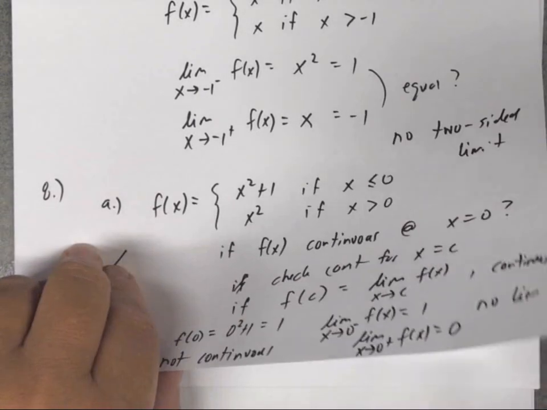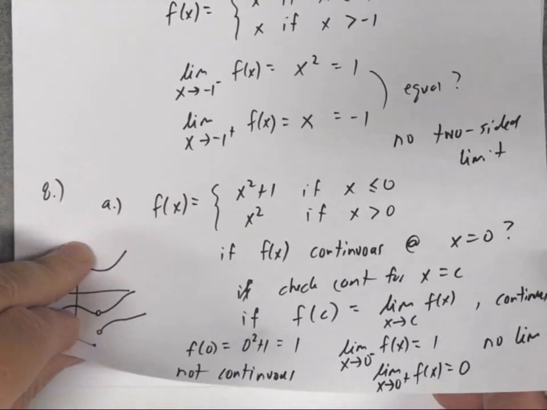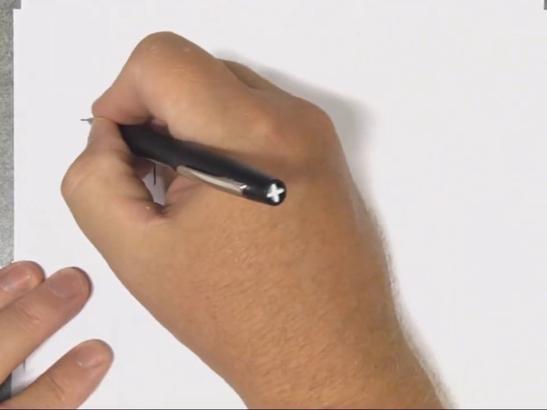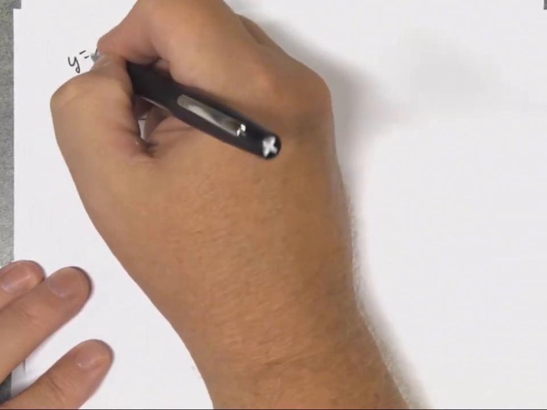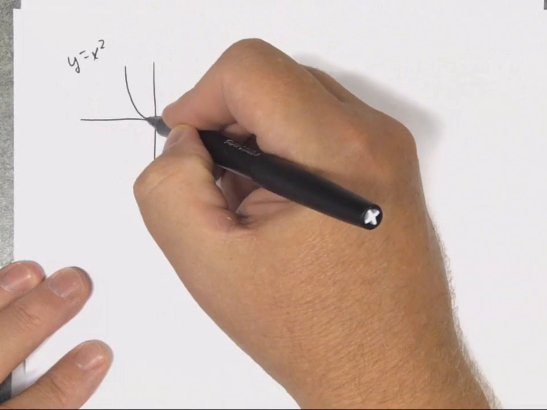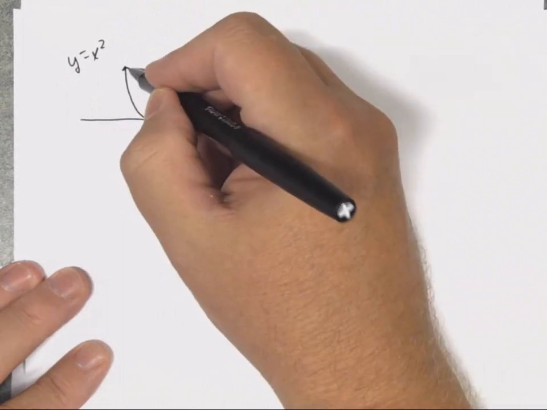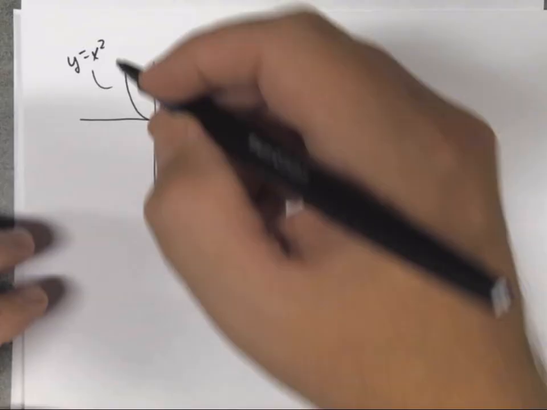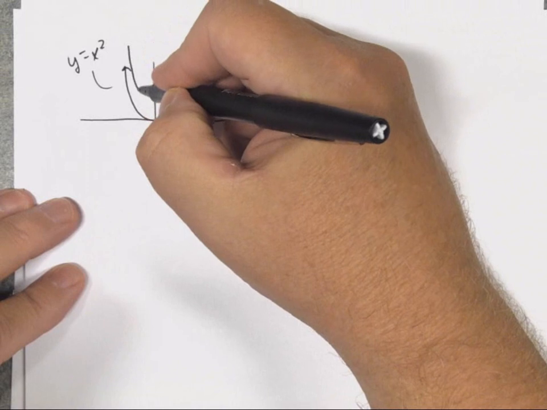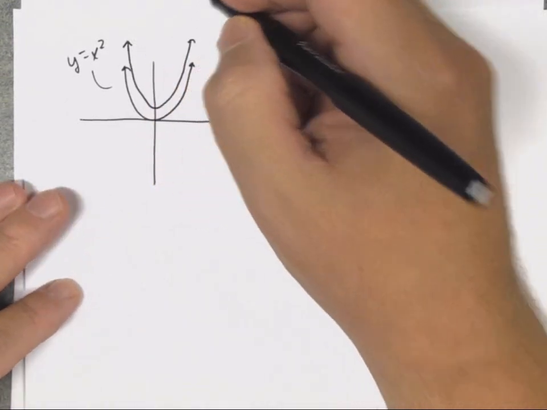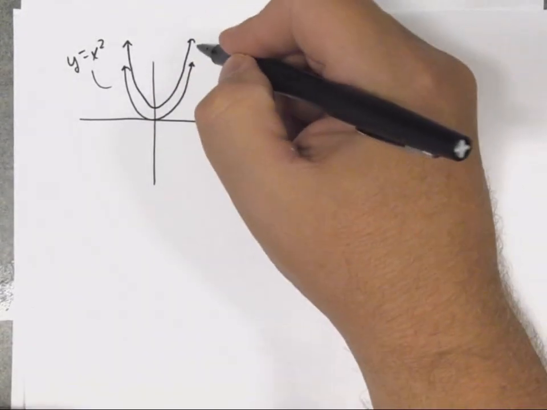And just for fun, it'd be pretty obvious if we were to graph it. I think it's pretty simple. If we were to graph y equals x squared, and then y equals x squared plus 1, it looks like this.